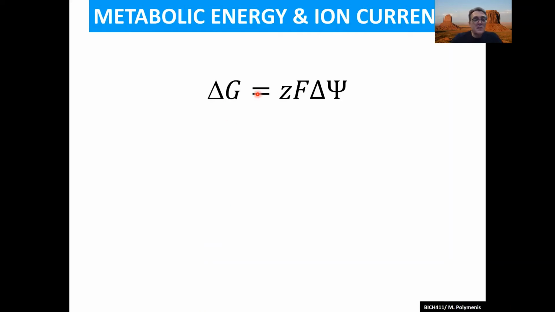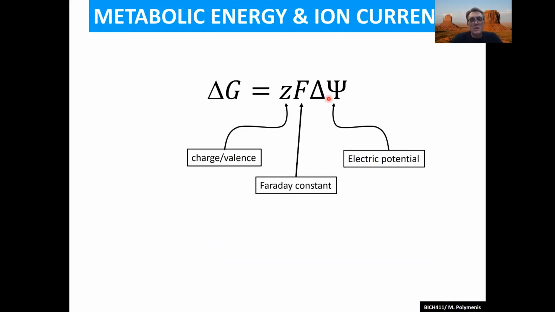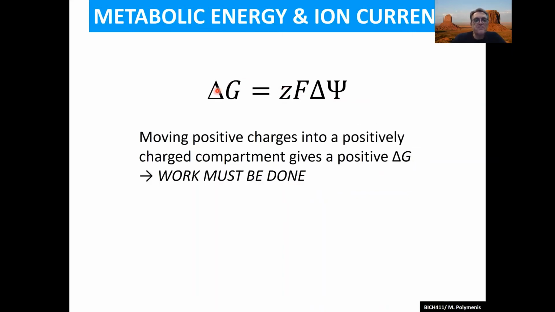The delta G for that is given by this equation, where delta psi is the electric potential, F is the Faraday constant, and then the charge of the stuff you're moving. That will give you the delta G. Again, moving positive charges into a positively charged compartment gives you a positive delta G. And work must be done.